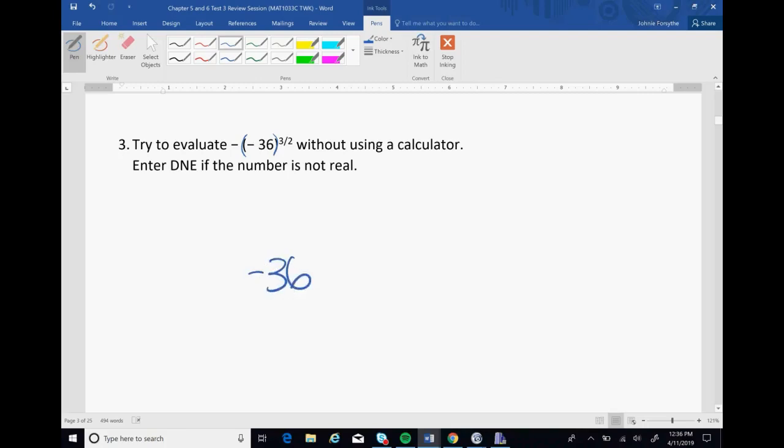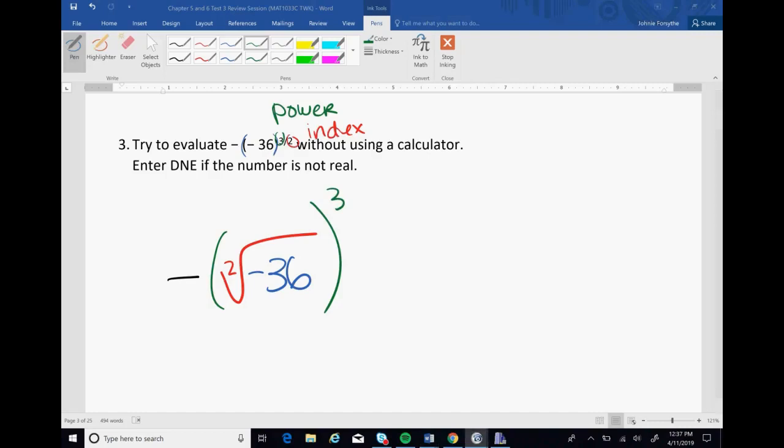Now remember, if you have a rational exponent, the bottom number is the index, and then the top number is the power. So that means this would be negative, this is the first negative, times the square root of negative 36 raised to the third.